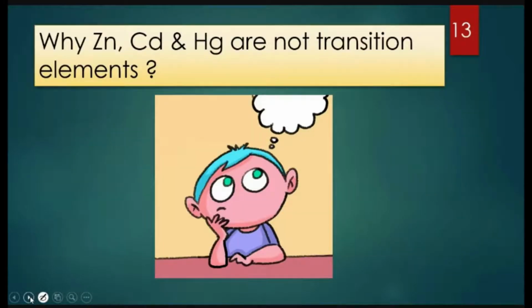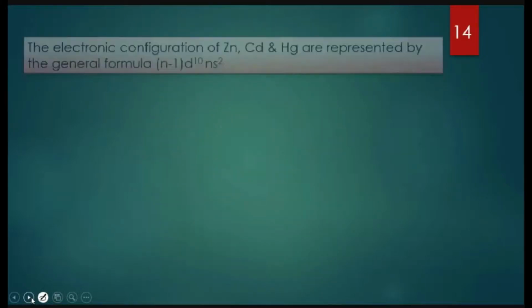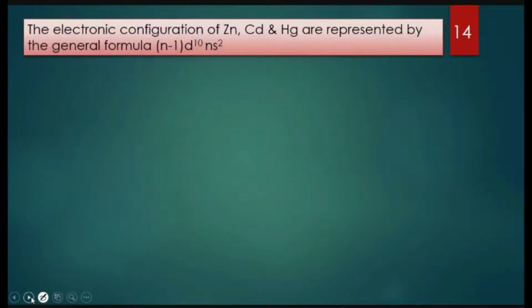Now the question is, can we call all the elements present in the d block as transition elements? The answer is no, because here we have an exception. Zinc, cadmium and mercury are not at all regarded as transition elements, though they have been included in the d block. Now, let's see what is the possible reason for that.